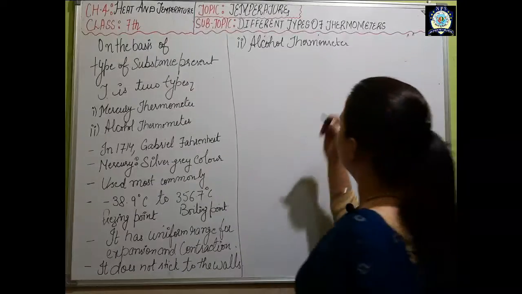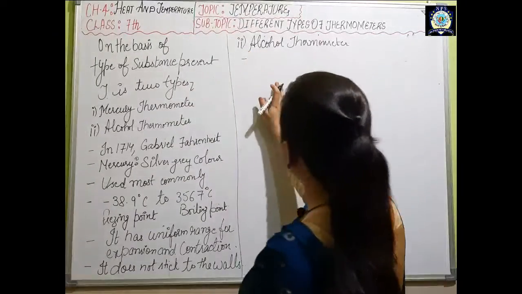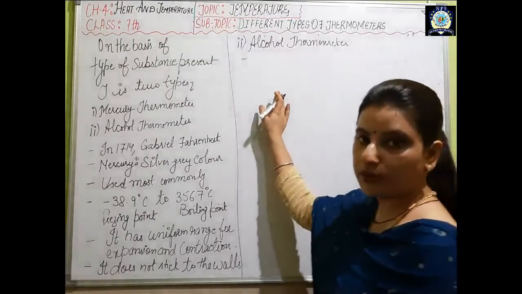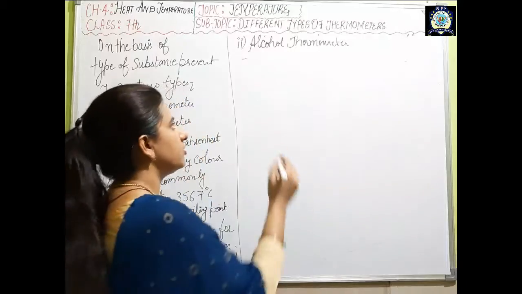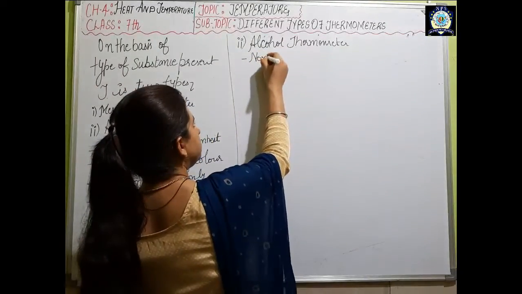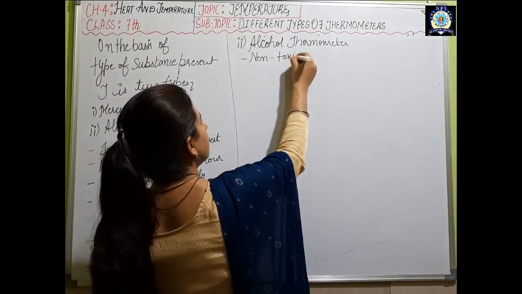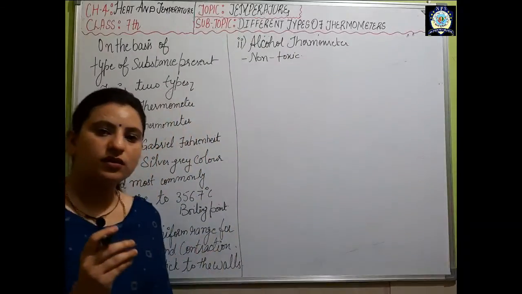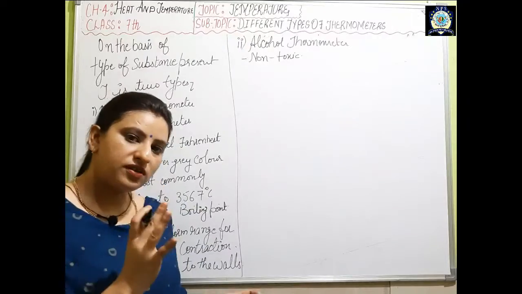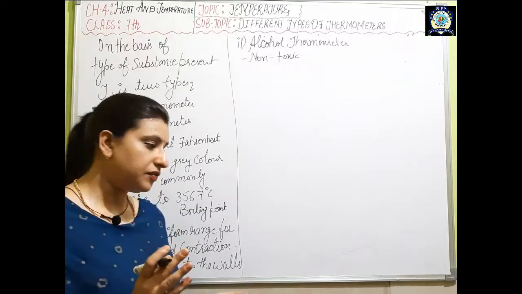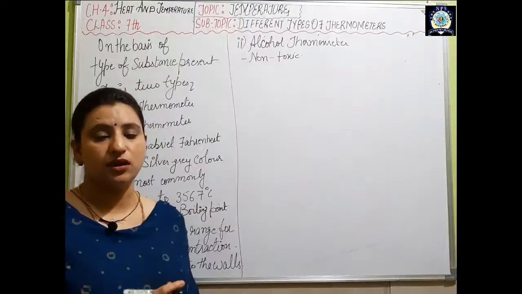So the main points in this alcohol thermometer: first and foremost, it is non-toxic. Because to find out temperature, we put the thermometer in the mouth, and it is always a risk and danger to life when we put a mercury thermometer in our mouth.